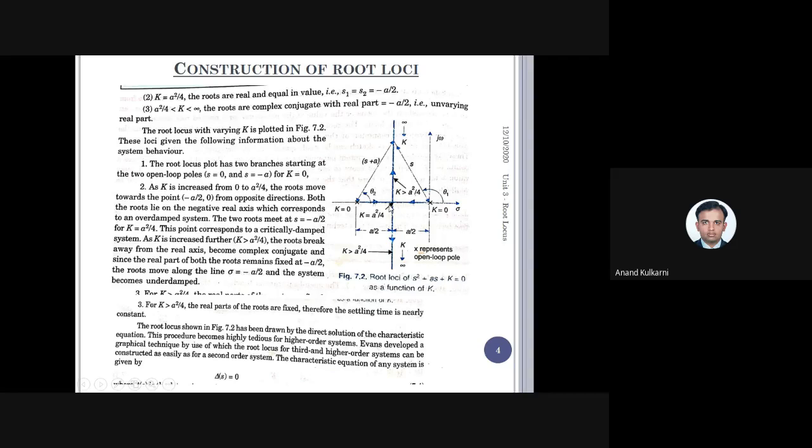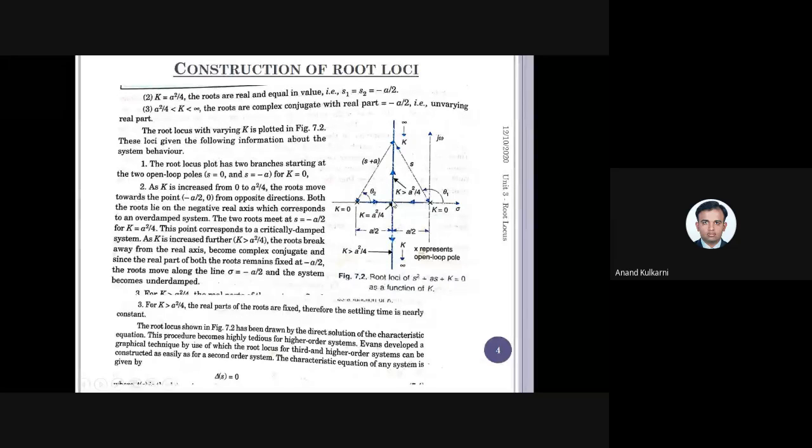When the roots are on the real axis, the performance of the system is non-oscillatory. It is an overdamped system because the oscillations will not be there. One straight line curve will be there. So as long as k is less than a by 2 whole square, the roots will be on the real axis and hence the performance of the system is overdamped.